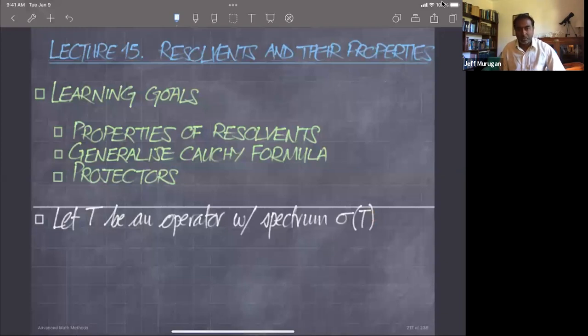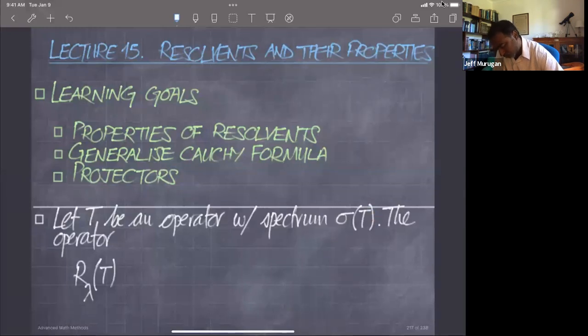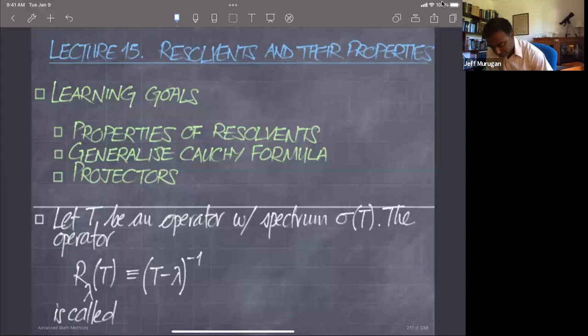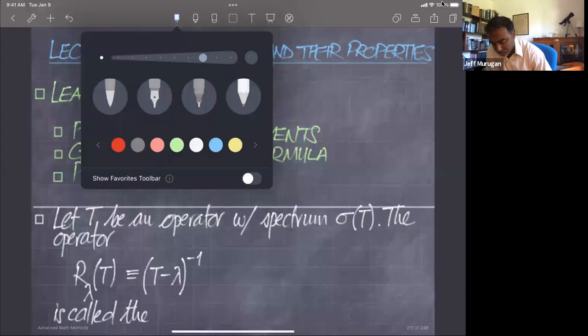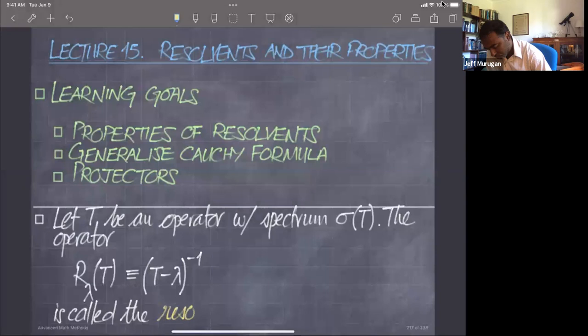So suppose I have some operator T, and I have a spectrum for that operator, which I'll call sigma of T. The associated operator, which I'm going to call R subscript lambda of T, and which I'm going to define as T minus lambda inverse, is the operator that we're going to call the resolvent of T. So it's essentially 1 over T minus lambda.